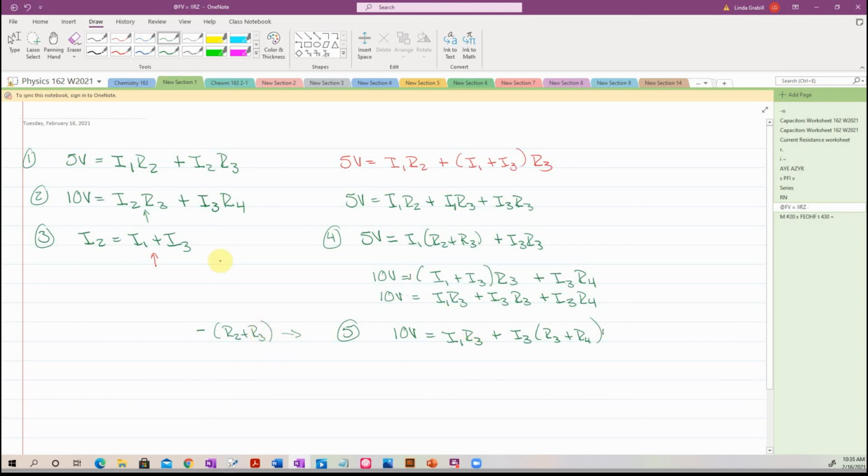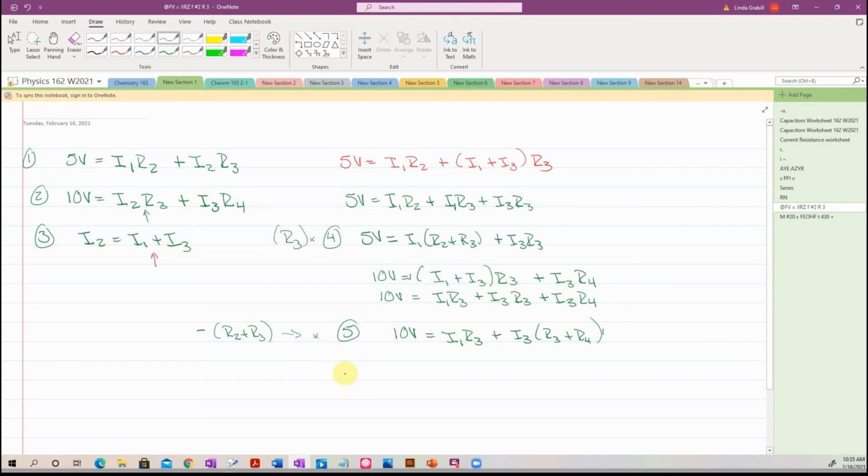And I'm going to need to multiply equation 4, so that gets me an I1 times an R2 plus R3. Equation 4 needs to be now multiplied by an R3. I'll multiply both of those.